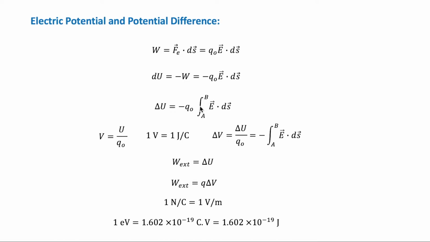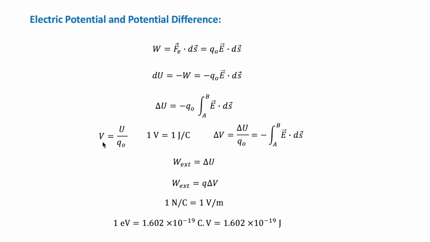So if we divide the potential energy by the test charge Q naught, we get a quantity, this V, known as the electric potential, and this quantity depends only on the source charge producing the field because we divide by the test charge, so it will cancel with the test charge here, okay?